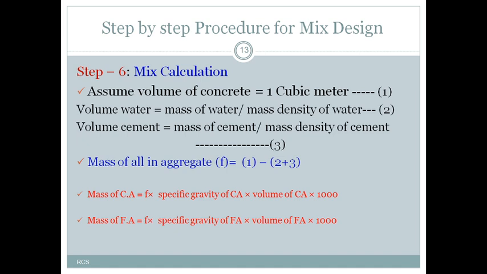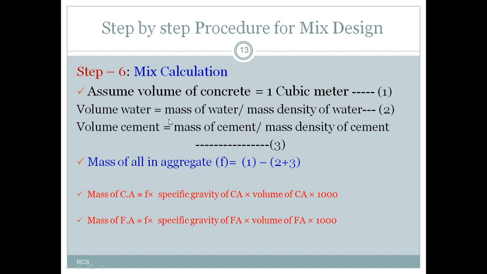Next is mix calculation. How to calculate the mix? For calculating the mix, we have to calculate the mix proportion for 1 cubic meter of concrete. From that I can calculate the volume of water. You know the density of anything is mass per volume.